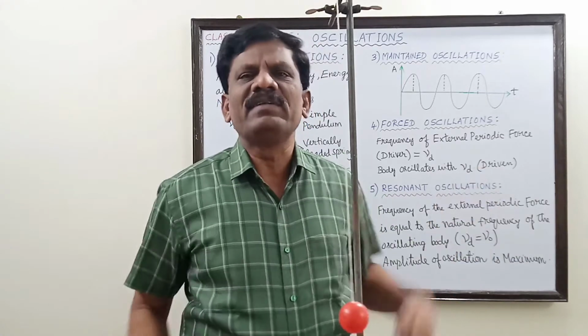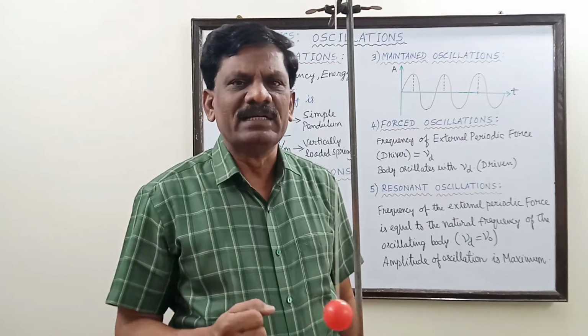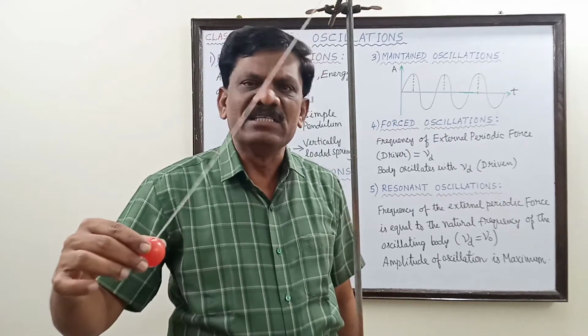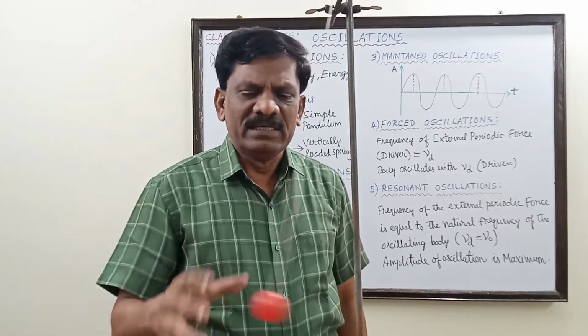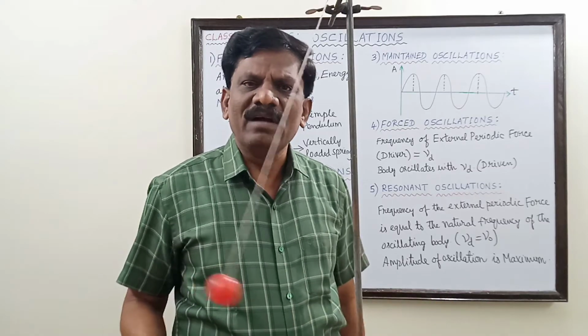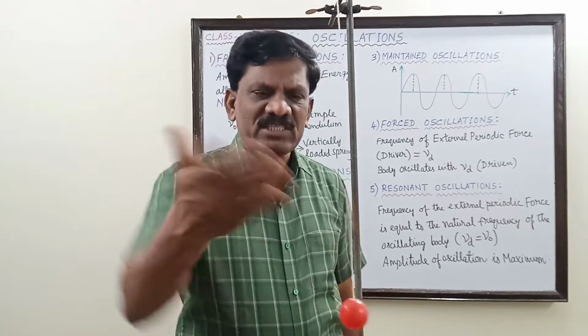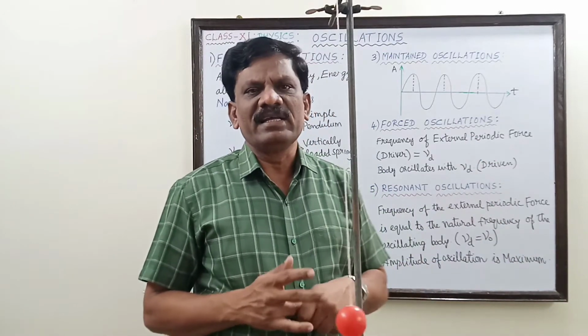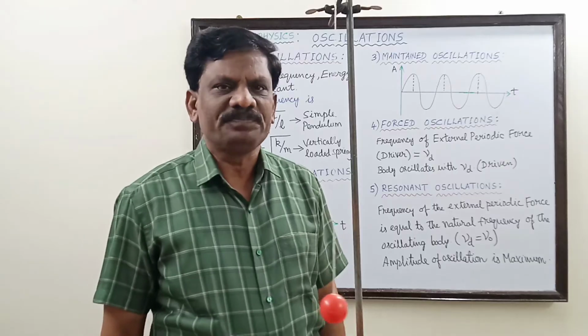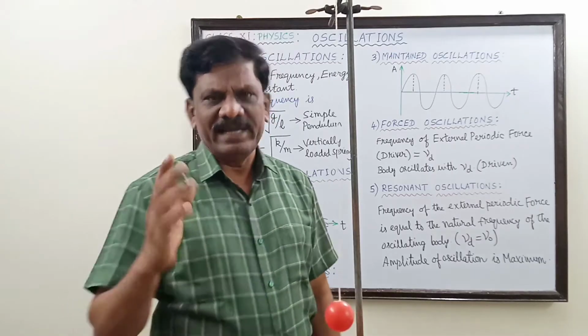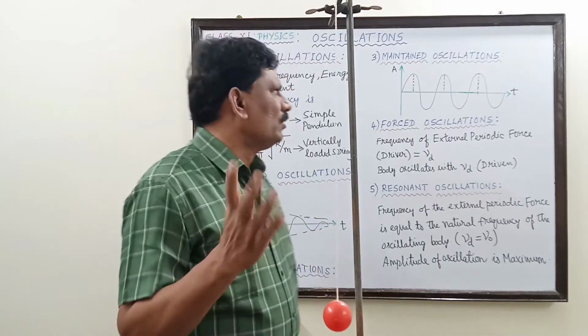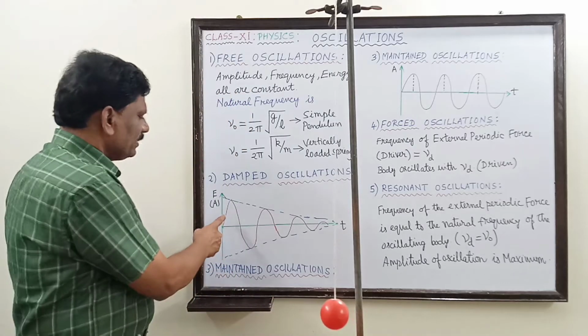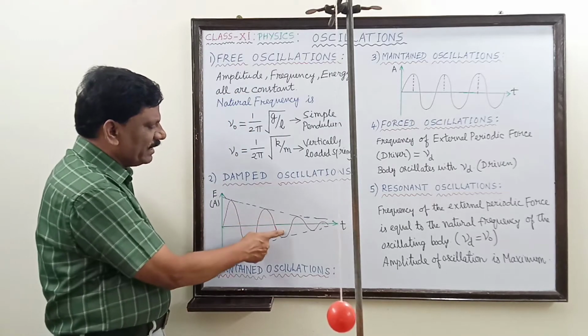But in the presence of damping force, what is happening? The system is losing the energy. As a result, it loses the amplitude of oscillation. Such oscillations in the presence of an external damping force are called damped oscillations. In the damped oscillation, you can see here the amplitude continuously decreases.